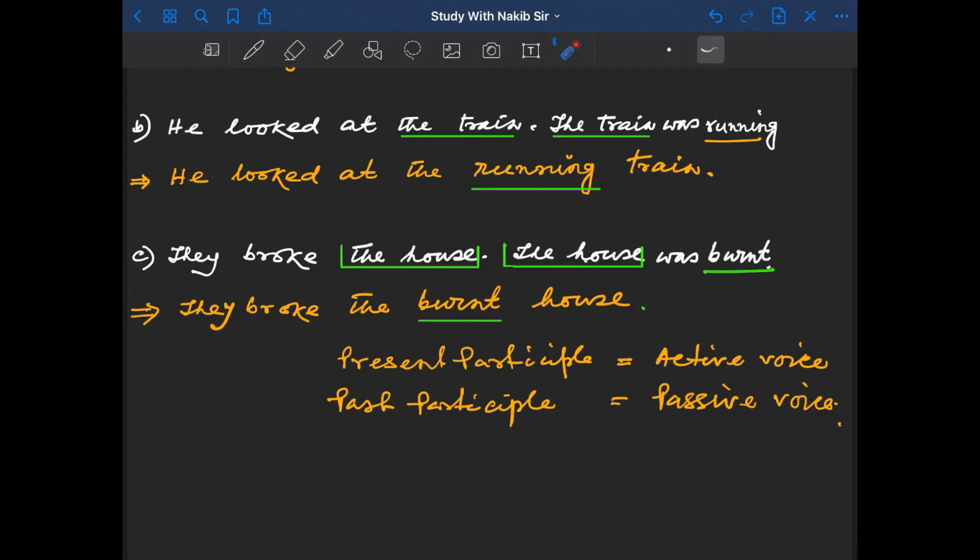In this context, I have written again here that present participle, I said just now, is used in active voice like this. See, the train was running, active voice, and the past participle is found here in the passive voice, and past participle is used in a passive voice. Remember this. This will be helpful for you.